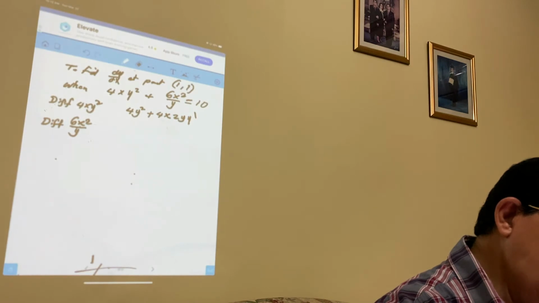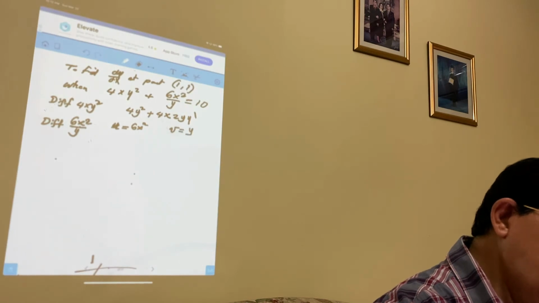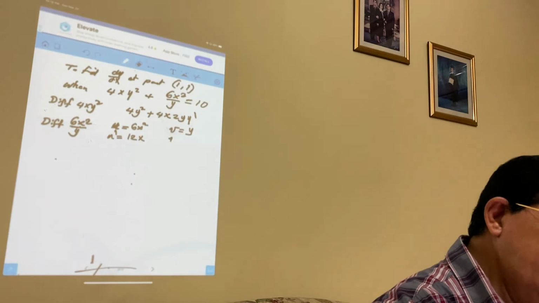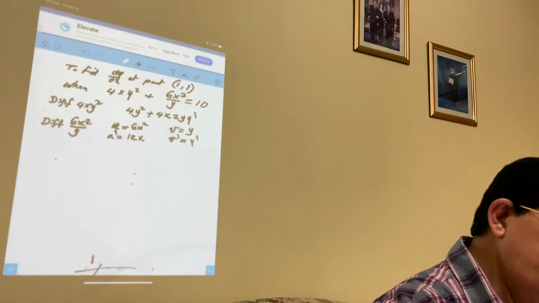We need to say the top u equals 6x squared and v equal y. So u dash equal 12x and v dash equal y dash.